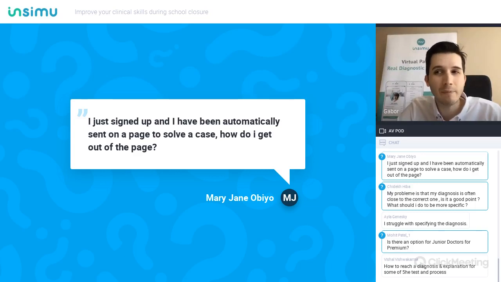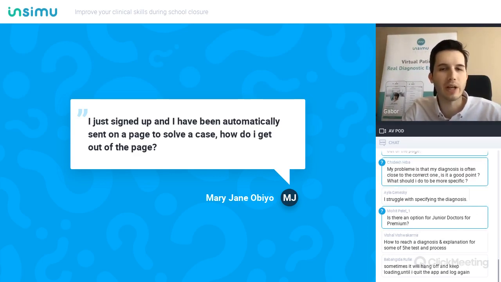It means that you would refer it to a specialist. At least you have to refer it. You cannot quit a case. This is a policy that we have created. If you have a patient, you do not leave your patient without help, without taking care of that patient. So you have to try to diagnose that patient.